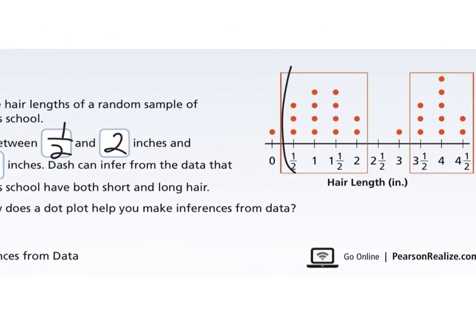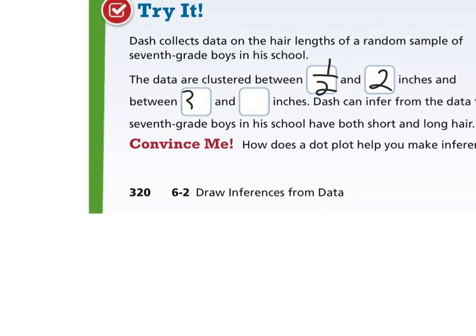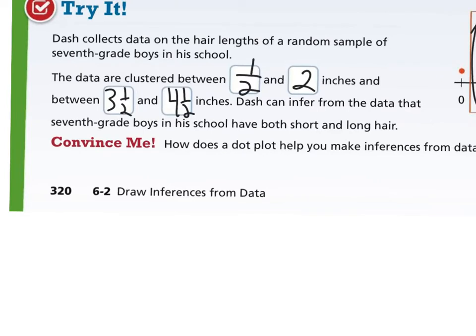That's this part here. And the second cluster over here is between 3.5 and 4.5 inches. So Dash can infer from the data that 7th grade boys in his school have both short and long hair.